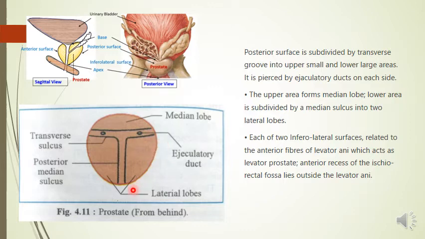So here it is called levator prostatae. This part of the levator ani is called levator prostatae. And more laterally we will see the anterior recess of the ischiorectal fossa outside the levator ani. So the ischiorectal fossa is also present here. That will also be discussed in the further classes.